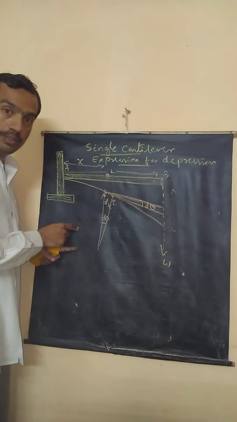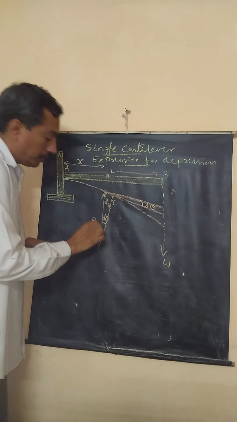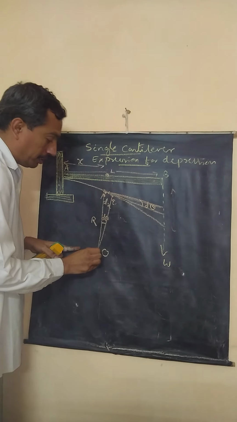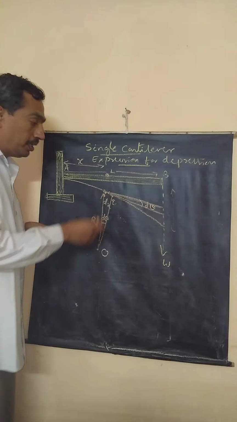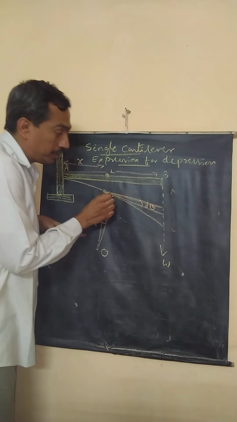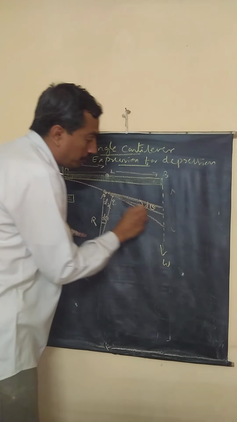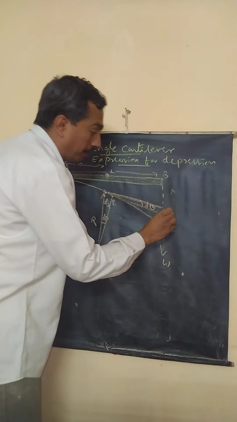Please understand this. If P and Q subtend an angle d theta at the center O, and radius of curvature is R, then I have drawn tangents from P and Q which are very closely spaced. The separation between these two tangents is d theta.